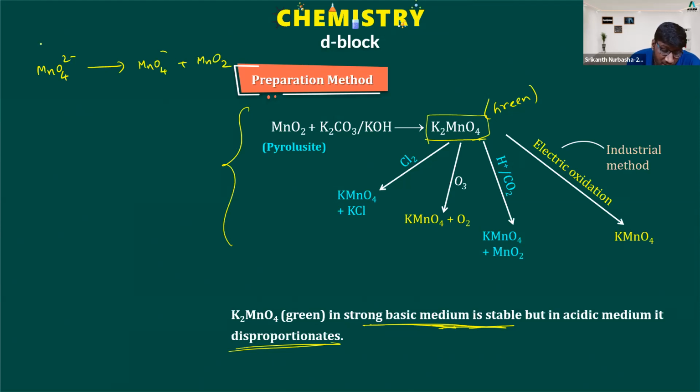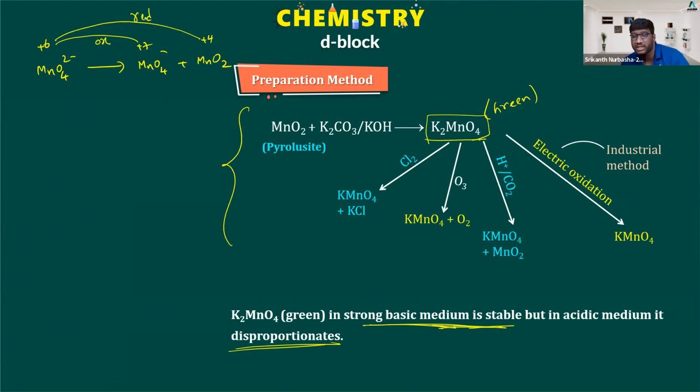What do you mean by this? The +6 oxidation state is changing to +7 and +4. So it is undergoing an increase in the oxidation state as well as a decrease. The same element from the same compound undergoes oxidation and reduction.